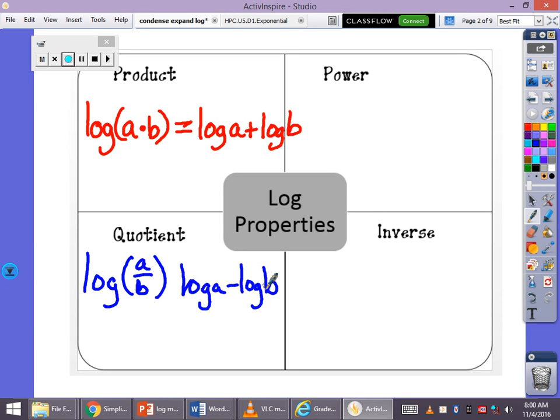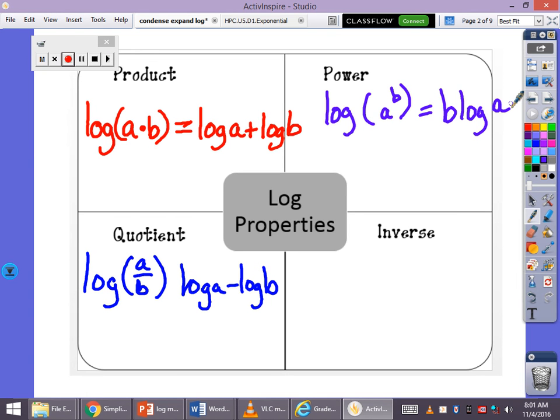We multiplied, so we're going to do the same thing here. If I have log of a to the b, that is going to be b times the log of a.